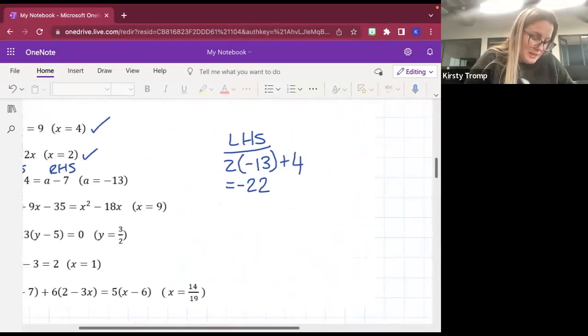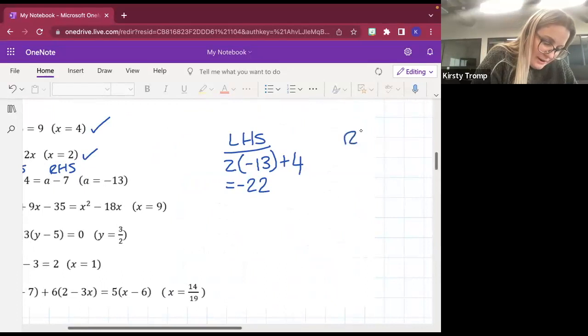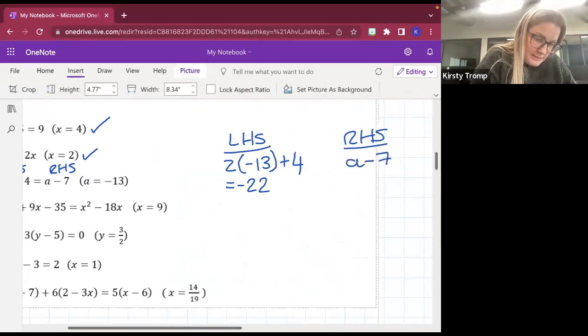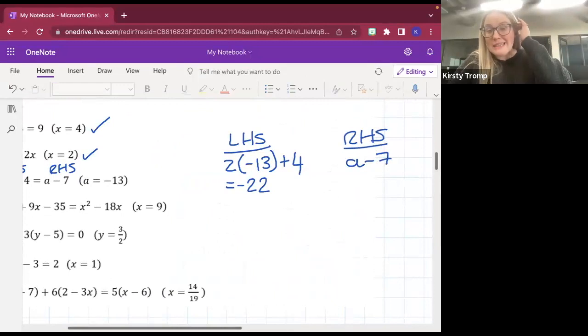On the other side, I'm going to have my RHS, which stands for my right-hand side. On my right-hand side, I've got A minus 7. What did they tell me? They told me that instead of seeing A, I need to substitute in negative 13.